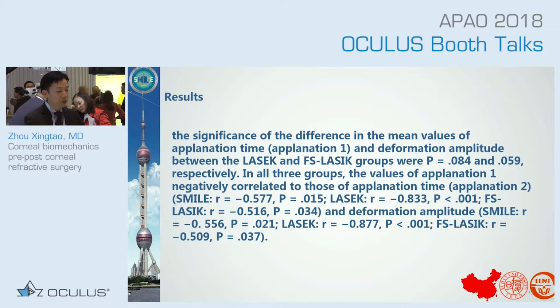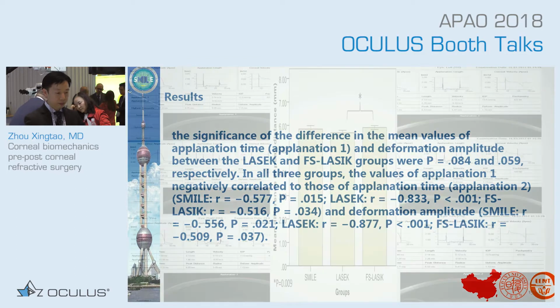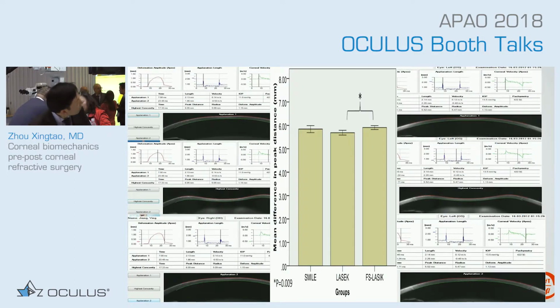In all 3 groups, the value of A1 was negatively correlated to that of A2 for SMILE, LASIK, and femtosecond LASIK, which is displayed here. So LASIK and femtosecond LASIK show a difference, but SMILE is very close to LASIK.